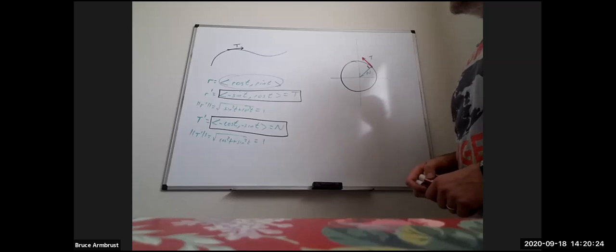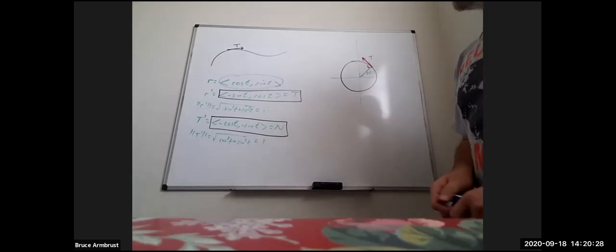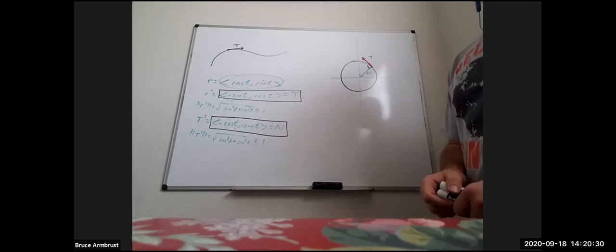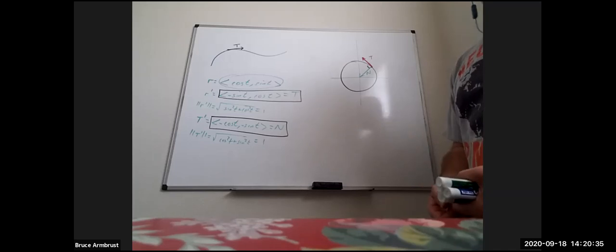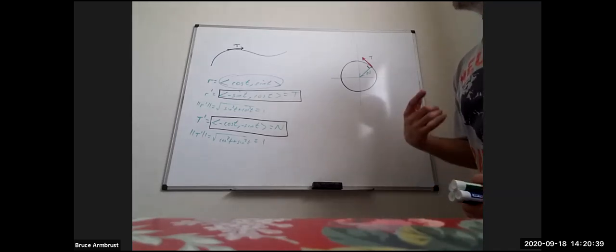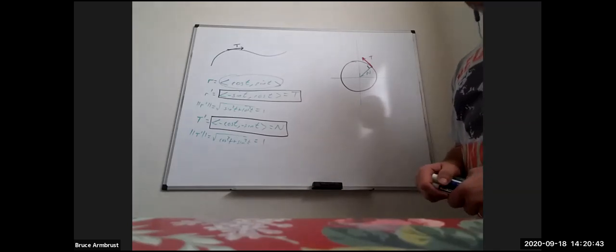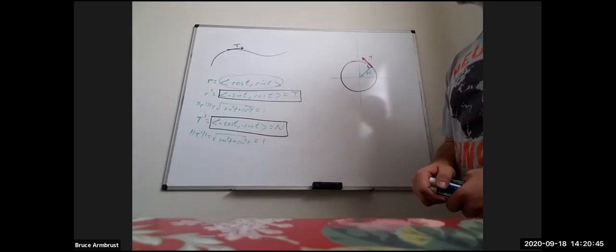So for this example, we see that N is pointing toward the interior of the curve. And that's actually the case always. So no matter what our function is, if it's a base curve, N is always pointing towards the interior of the curve.